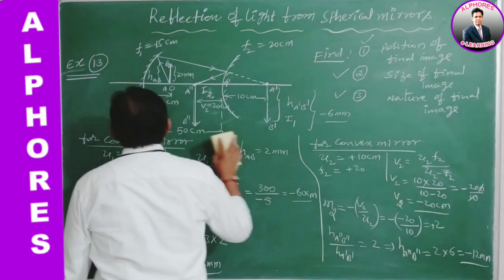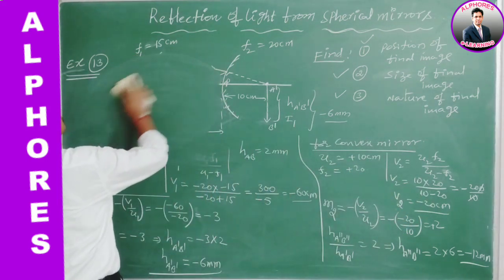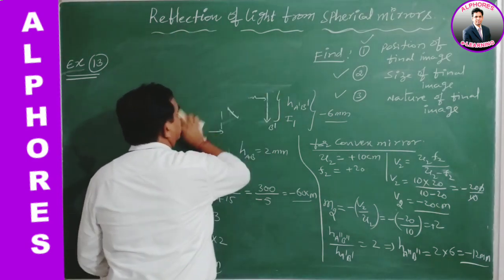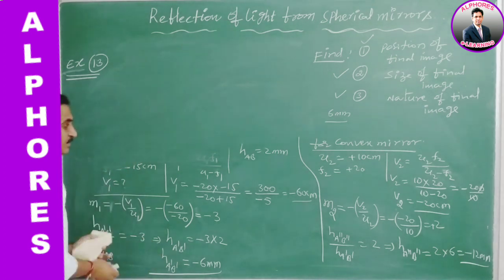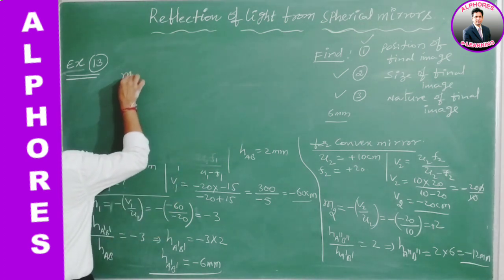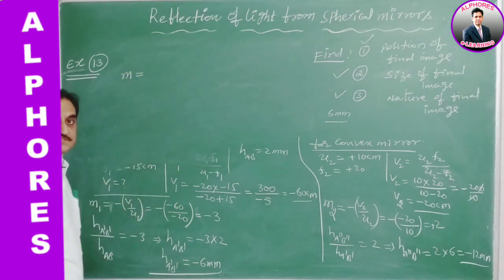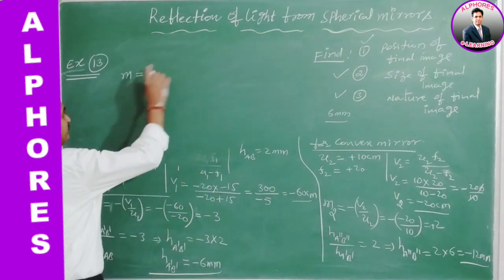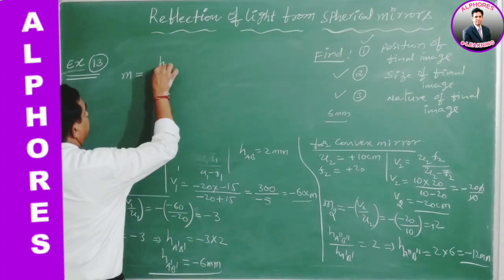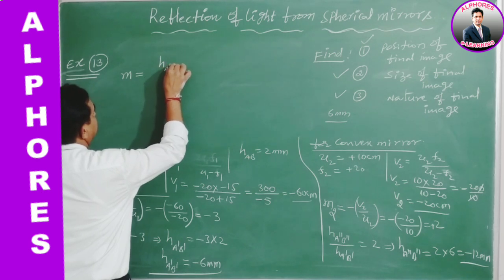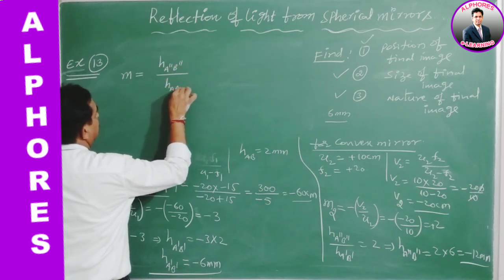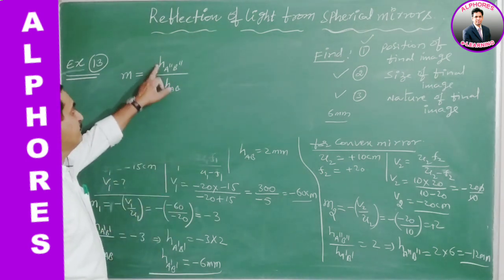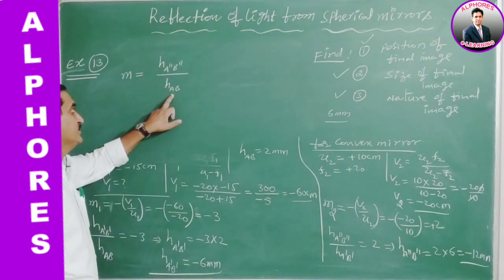Okay, now before going to that question, I will go for one more point here. Final magnification, it's a very important point. Final magnification is equal to H A double dash B double dash by H A B. The final image size is compared with the size of the object.